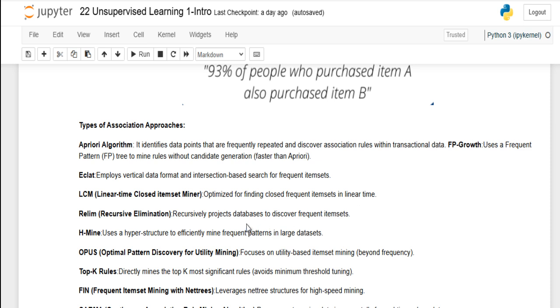We also have ECLAT, which employs a vertical data format and intersection-based search for frequent item sets. We also have the linear time closed item set miner, which optimizes for finding closed frequent item sets in linear time. We also have recursive elimination, which recursively projects databases to discover frequent item sets.